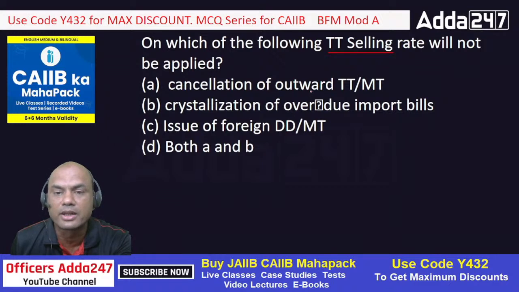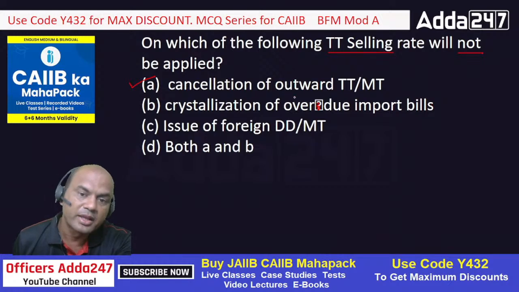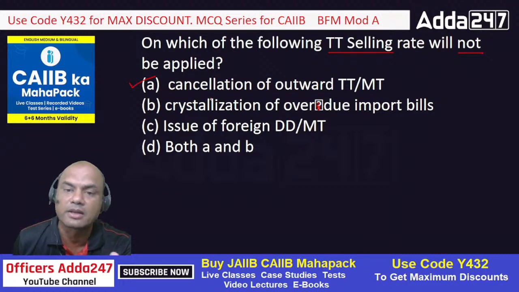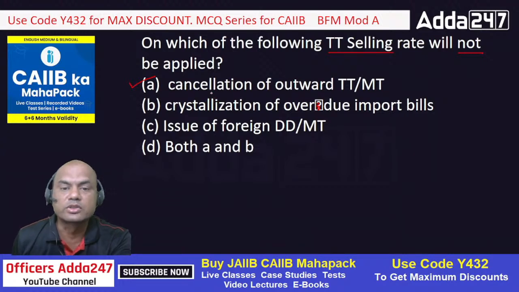What about the second? Crystallization of overdue import bills. What do you mean by the word crystallization? Crystallization means separating the foreign currency loan from forex and converting it to commercial rates. Whenever I handle any import bill, I'll first apply the TT selling rate.